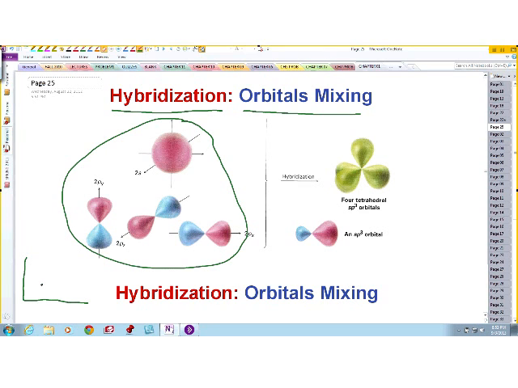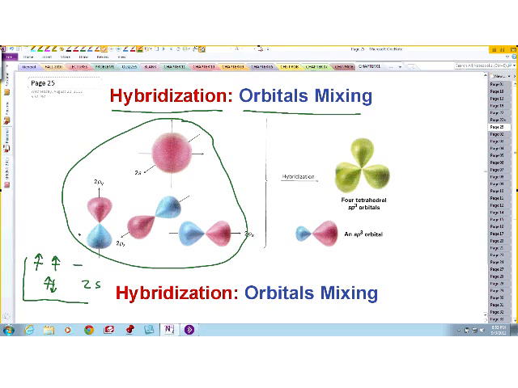Let's just focus on the valence electrons for now, okay? So we have the 2s with 2 electrons. Then we have the 2p and 2p, 1 electron here and 1 electron here.